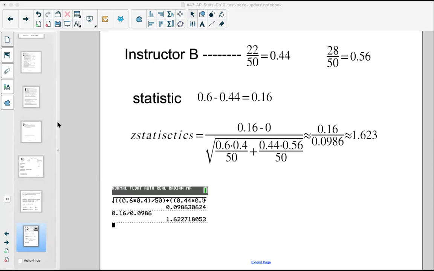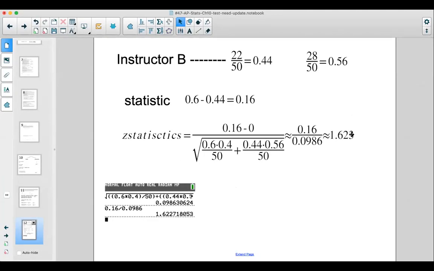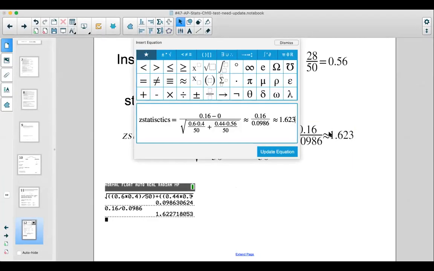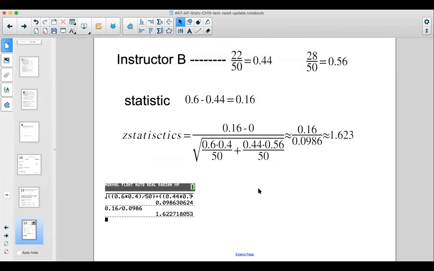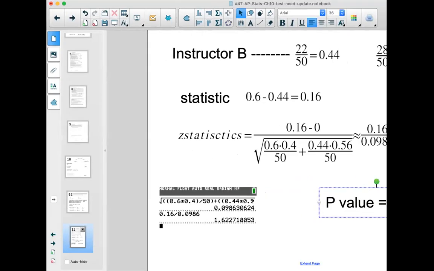So this is 0.052. Ooh, this is really close. The p-value calculated is 0.052. It's just at the edge.